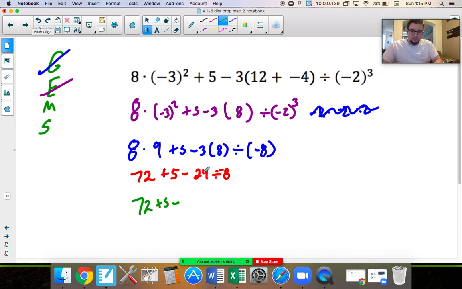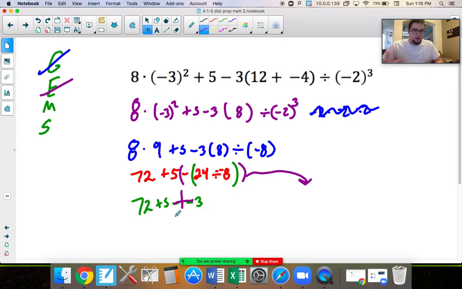So for instance, if I don't include the minus sign, I just have this. So I have the 72 plus the 5 with the minus sign. 24 divided by a negative 8 gives me a negative 3. In the next stage, these two negatives form a positive. If we include the negative originally, negative 24 divided by a negative 8 is a positive 3.